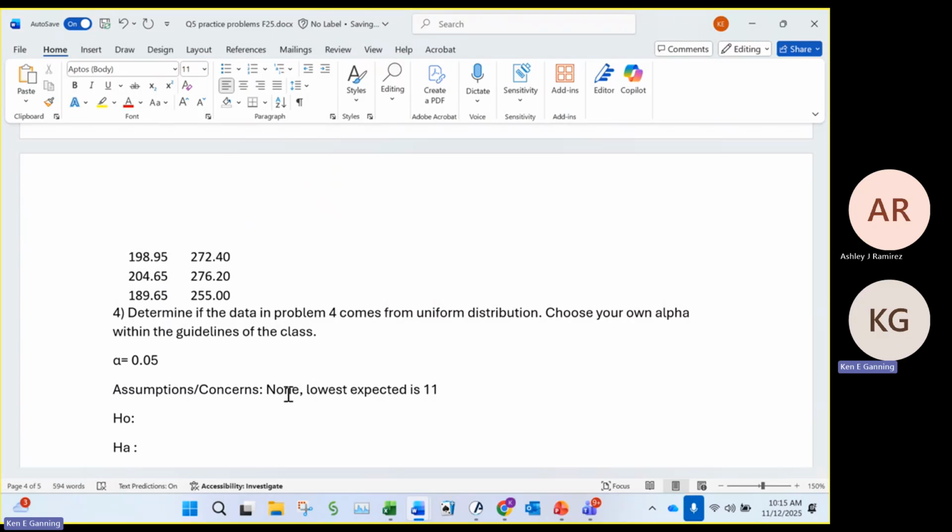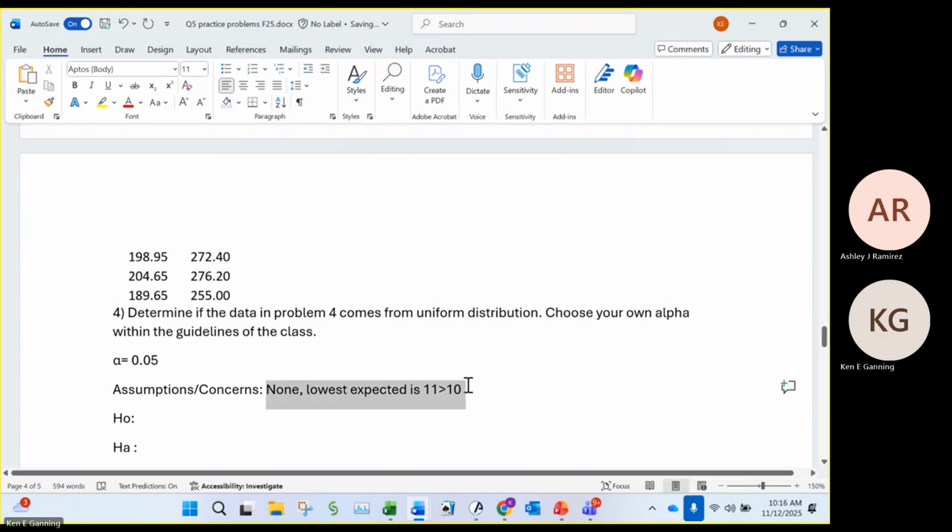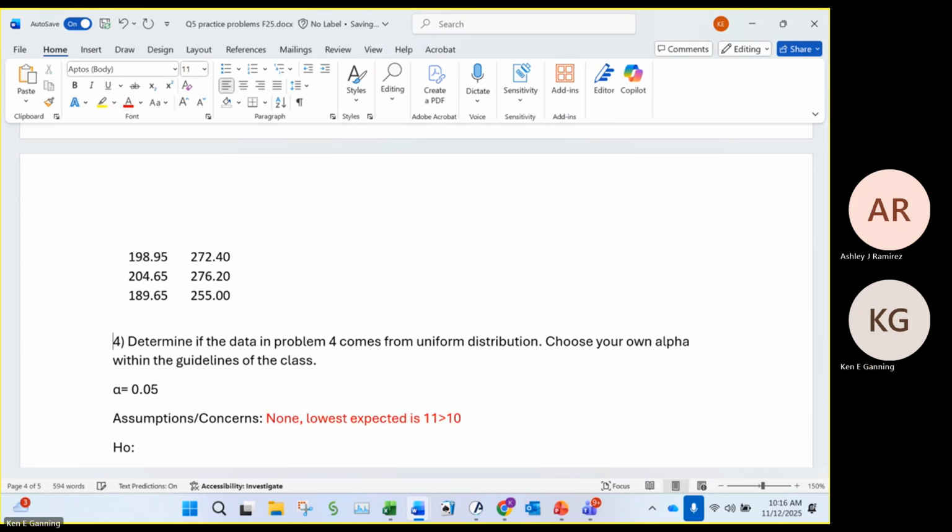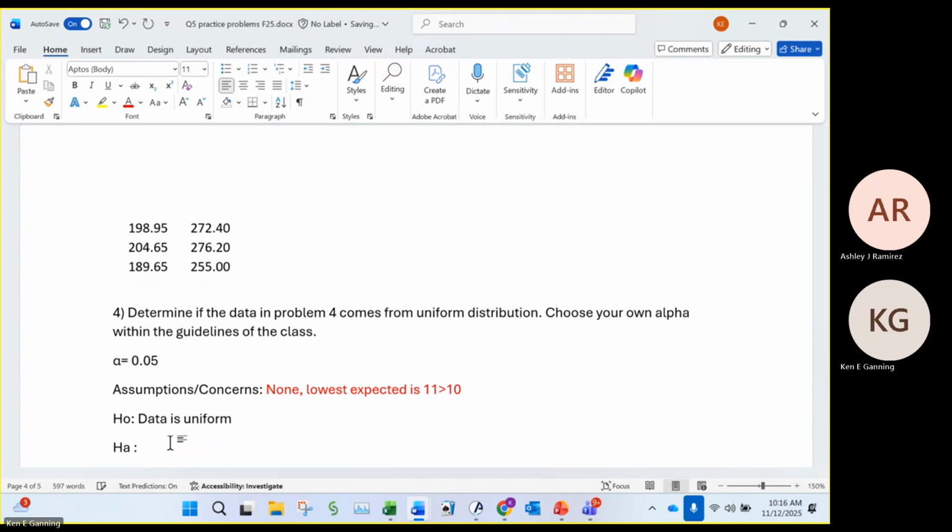The lowest expected is 11, which is greater than 10. H0: It is uniform. HA: It is not.